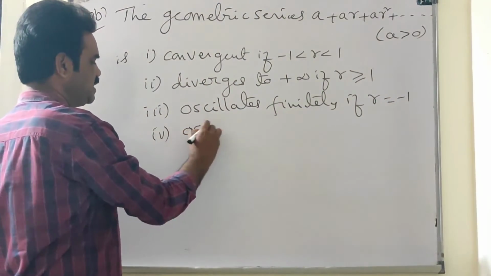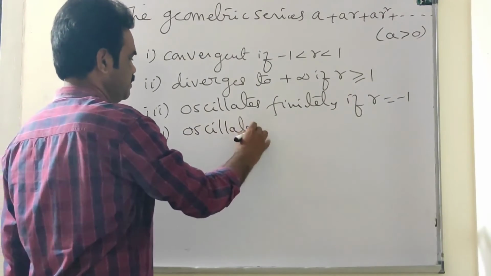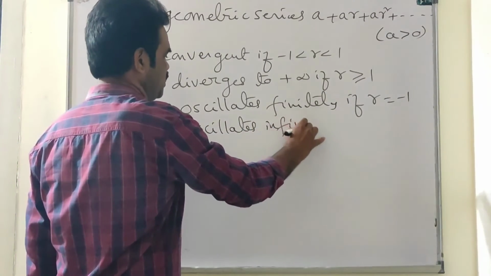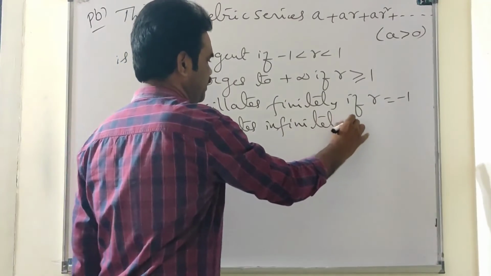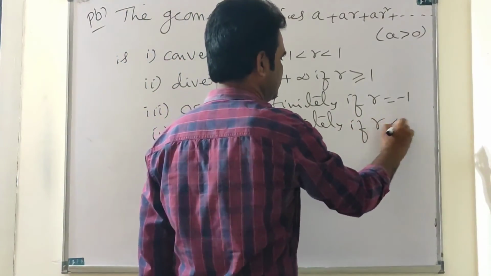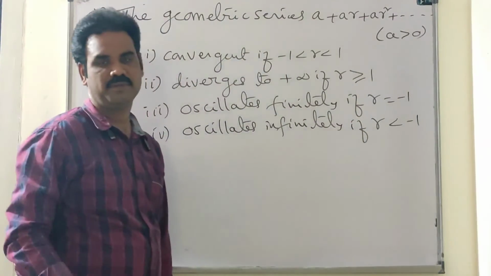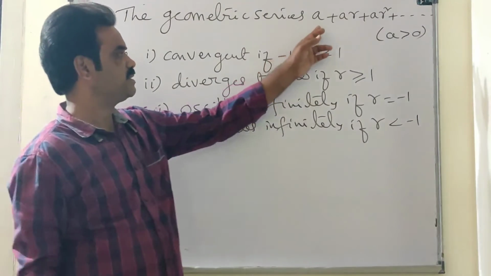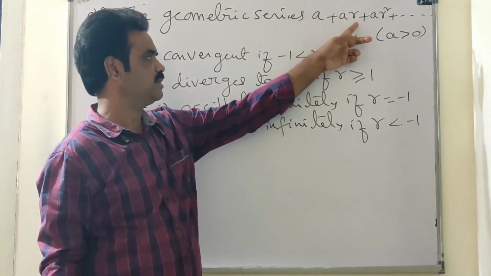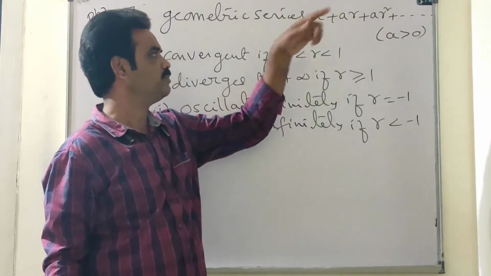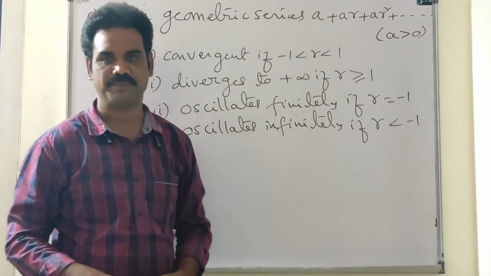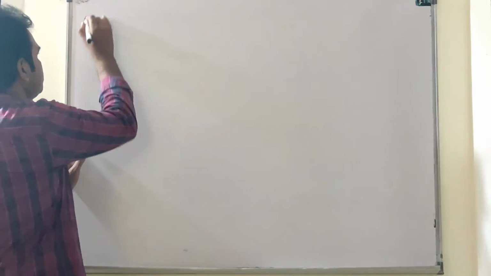Next, oscillates infinitely if r is less than minus 1. Okay, this is the geometric series a plus ar plus ar square plus and so on, where the common ratio is r. Okay, see the solution.